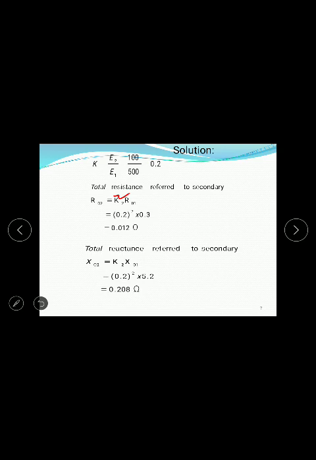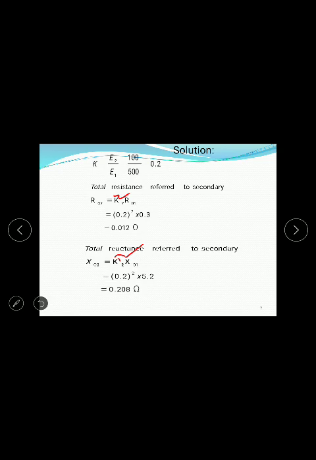Here the total reactance referred to secondary is X02. Here also X02 is equal to K square into X01, that is 0.2 whole square into 5.2, so that is equal to 0.208 ohms.